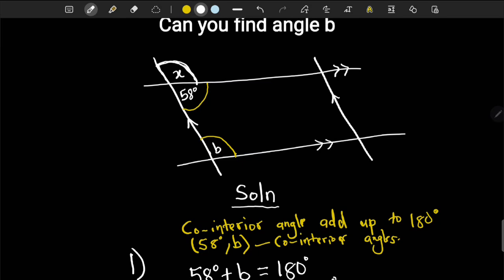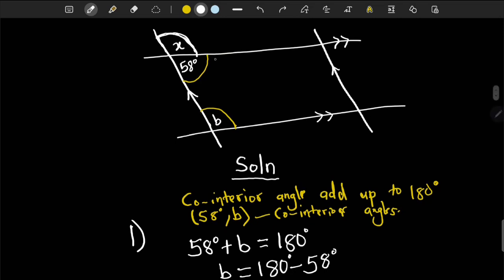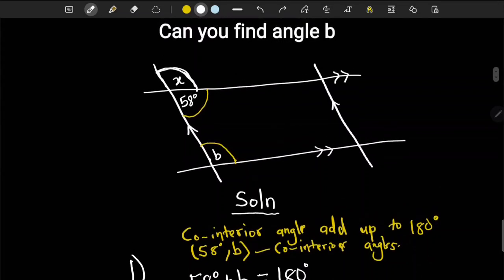And if that angle is X, then this X and this 58 are angles on a straight line, right? So it is equal to what? 180 degrees. The sum of angles on a straight line is equal to 180 degrees. So let me write it here.